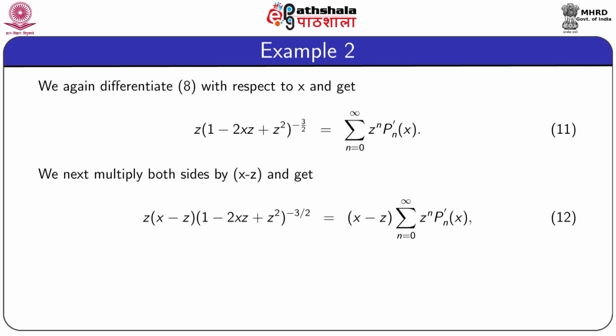We next multiply both sides by (x minus z), and we will get z into (x minus z) into (1 minus 2xz plus z squared) to the power minus 3 by 2, which is equal to (x minus z) summation n equal to 0 to infinity z to the power n P'_n(x), given by equation number 12.